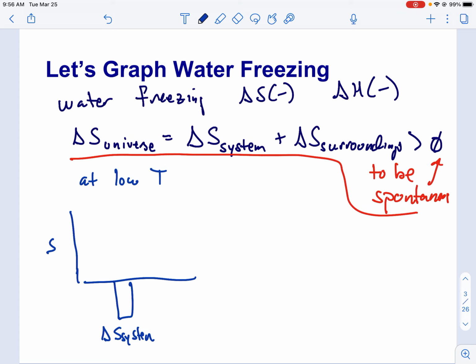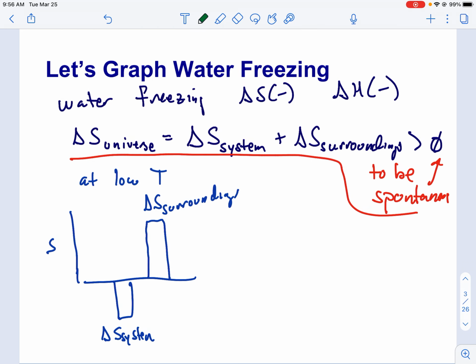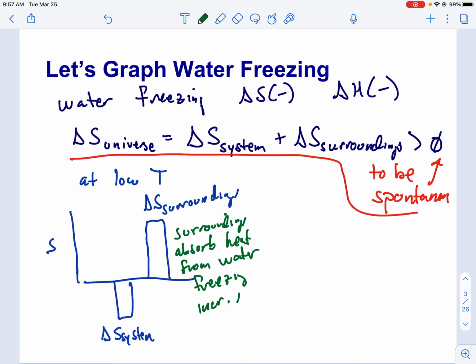But at low temperatures, the change in entropy of the surroundings is greater. So at low temperatures, this is an exothermic reaction. That means it's releasing heat, right? So the surroundings absorb the heat that's released from water freezing. So that gives you an increase in the entropy of the surroundings. So when you add these two together, delta S of the universe is positive.